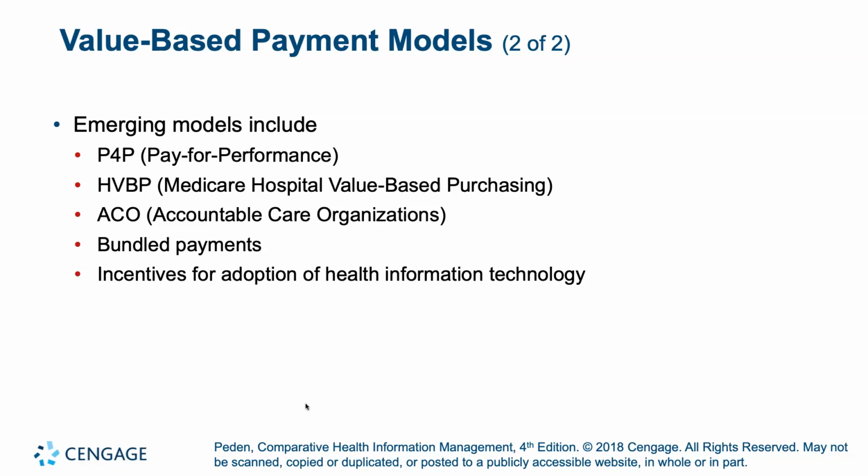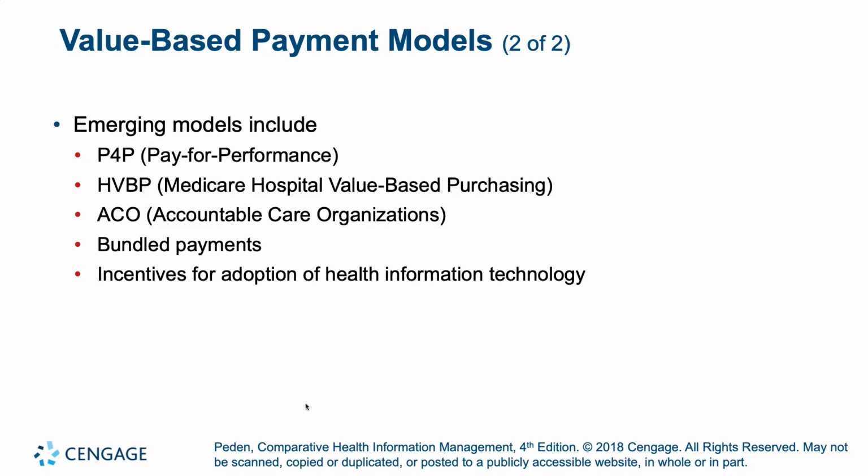Hospital value-based purchasing will only increase and has. Accountable care organizations is something that is still, I don't want to say it's new because it's not new, but within the last 10 years they have evolved, and it'll be interesting to see how they continue to evolve in a post-COVID world. Bundled payments were put on hold at one point and then reactivated.